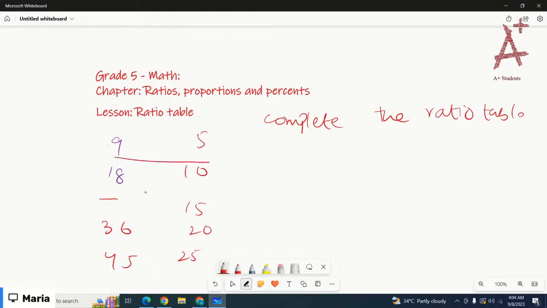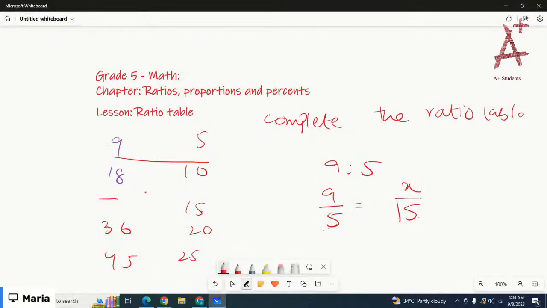Let's start with the first value, 9 ratio 5, right? Let's just write it down in a fractional form. Here you have 15. So just look at this number, the missing number divided by 5. For example, you have to calculate the x. 5 times what number is 15?